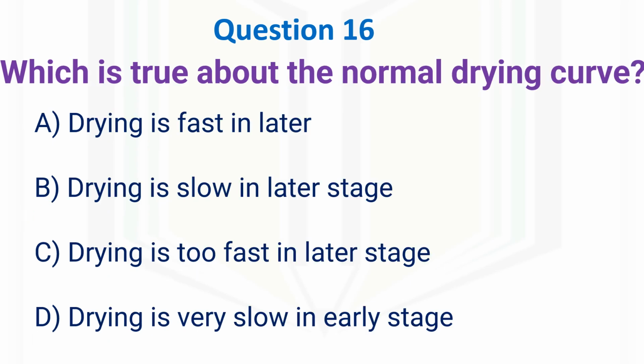Question number 16. What is true about the normal drying curve? Options are: drying is faster in the later stage, drying is slow in the later stage, drying is too fast in the later stage, drying is very slow in the later stage. Correct option is option number B, drying is slow in the later stage.